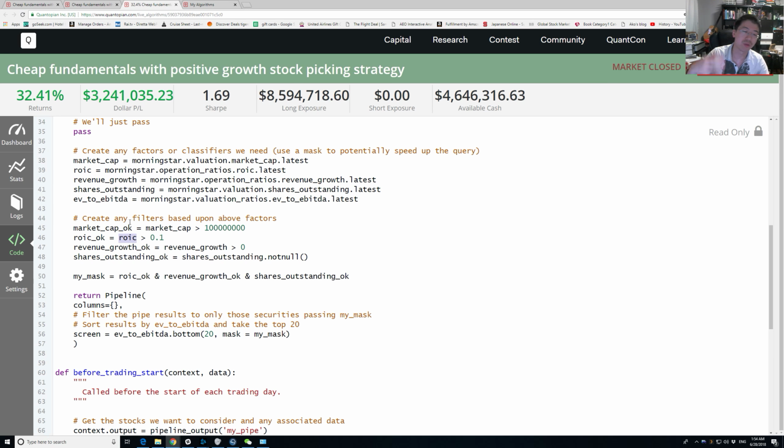You could do fancier stuff by checking whether the ROIC is sustainably higher than 10%, but I didn't do that. I'm just saying, like, sometimes these moats are not necessarily moats. Sometimes you have a temporal advantage, right? And I'm getting that here too, so I include that.